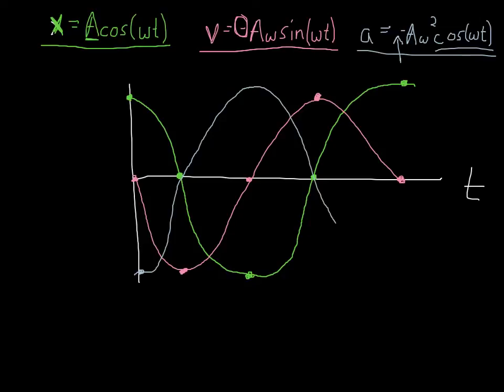I'm just a mirror image of my position. So my position is x in green, my velocity is offset by 90 degrees in red, and my acceleration is pretty much the same phase as my cosine, but it's negative. So it's flipped, it's a mirror image.